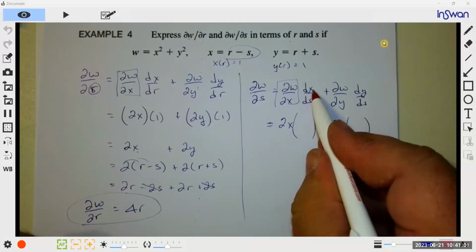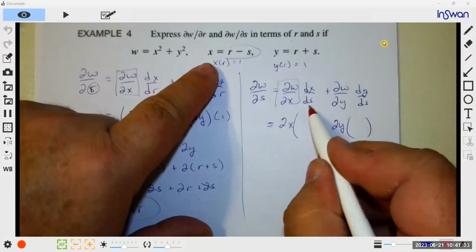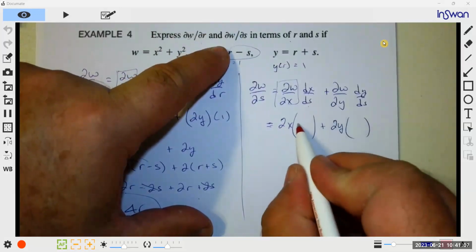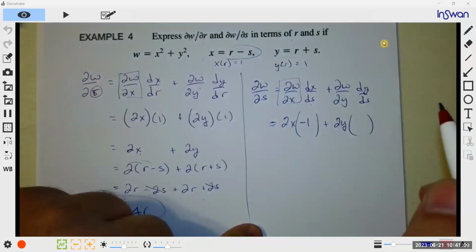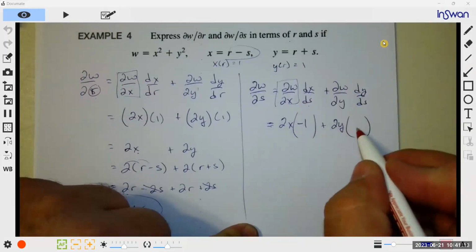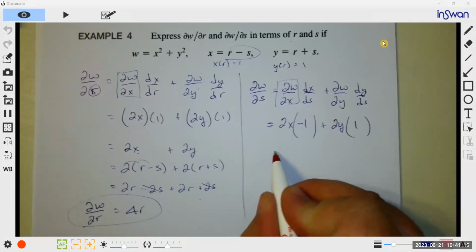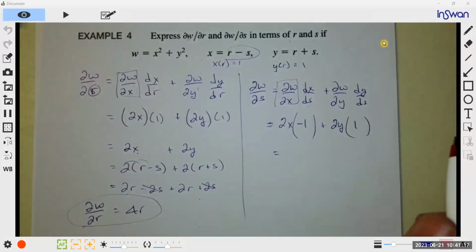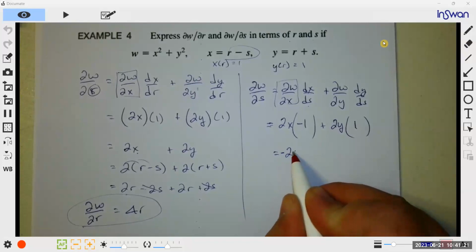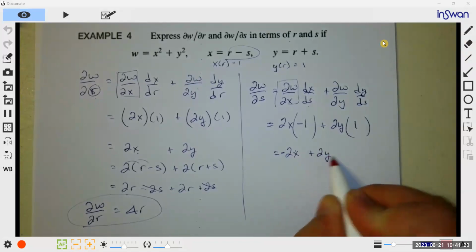Now, the function X with respect to S, R is a constant, disappears, so it's minus 1, dy ds, so it's just positive 1. So it's negative 2x plus 2y.